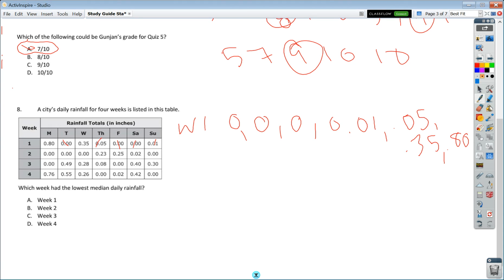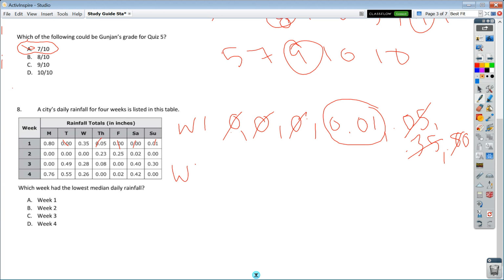If I order these, I've got 0.01 as the median. That's a pretty low median. So let's just see if there's any other ones. This is the 1, 2, 3, fourth number.